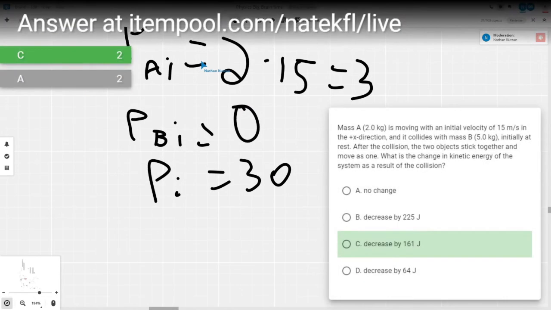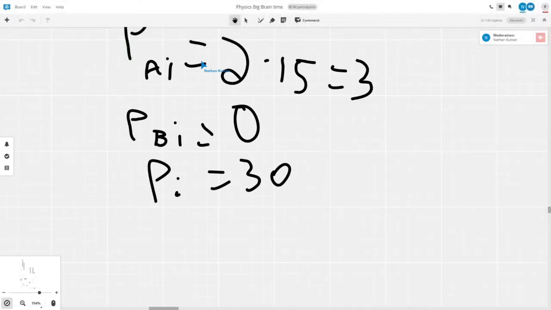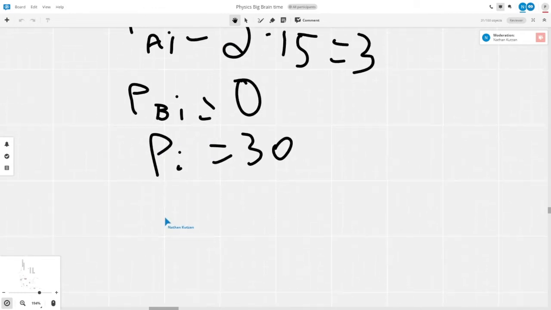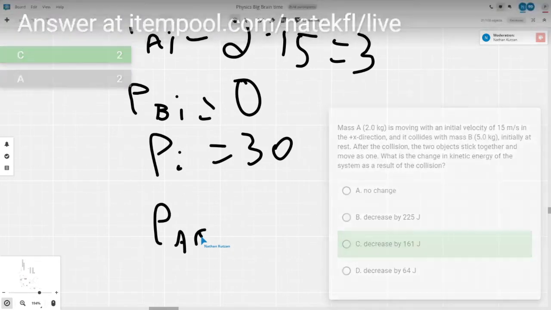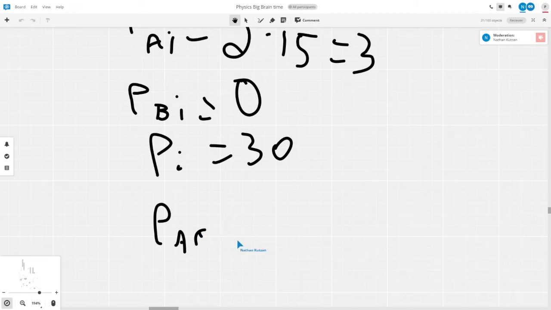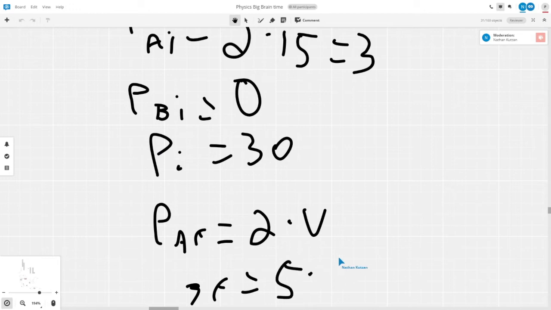And then it says, after the collision, the two objects stick together and move as one. So the final momentum of object A is going to be its mass, which was 2, times whatever the velocity of both objects is, and likewise the final momentum of object B is going to be 5 times whatever the velocity of both of them is.